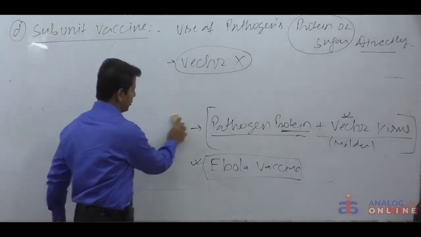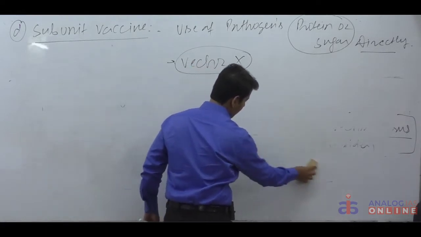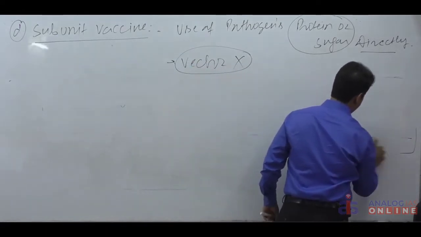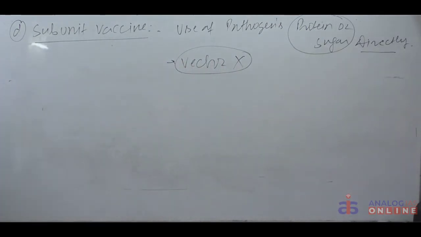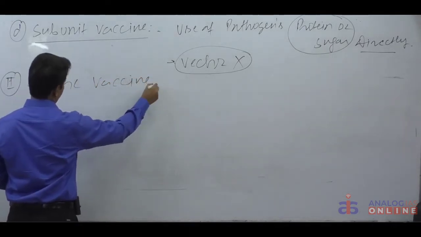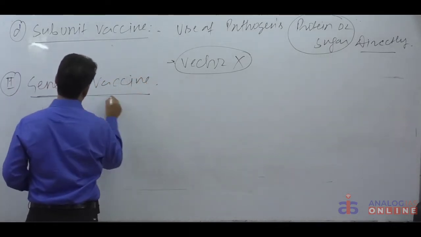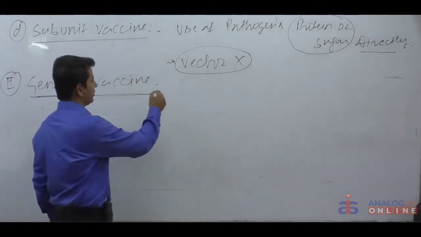So these are the four types of vaccines where we use either the pathogen or part of it. And this has been there. Now there is something called, the second one, genetic vaccine. You can also call it nucleic acid vaccine.